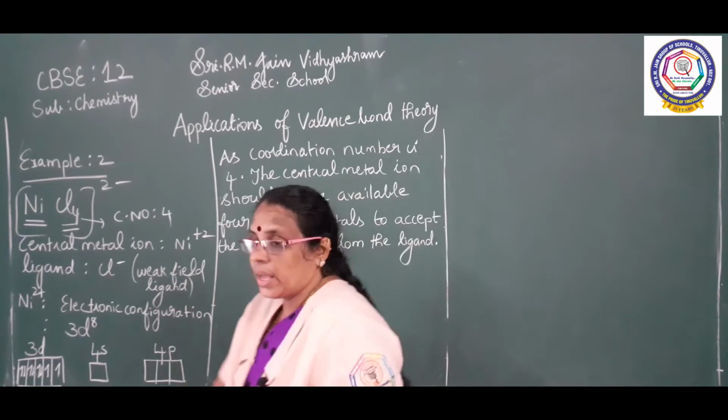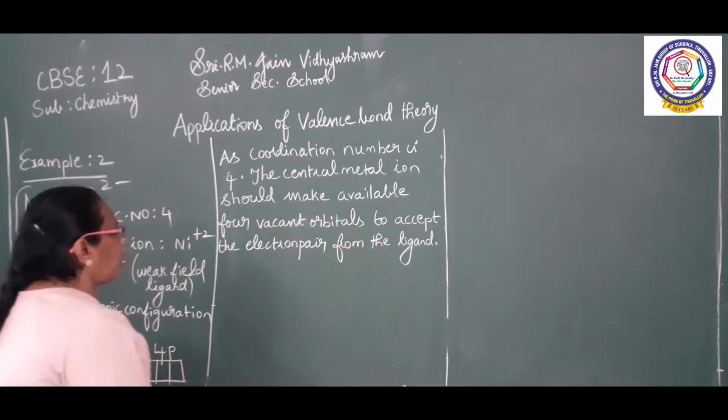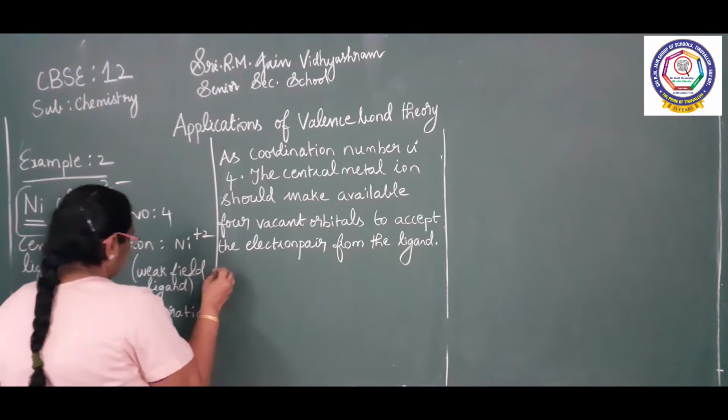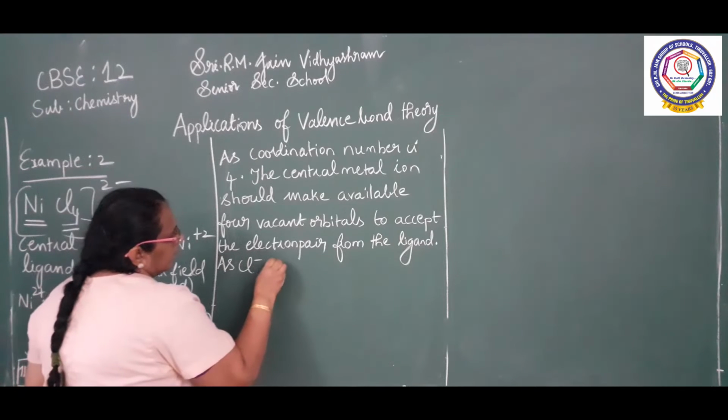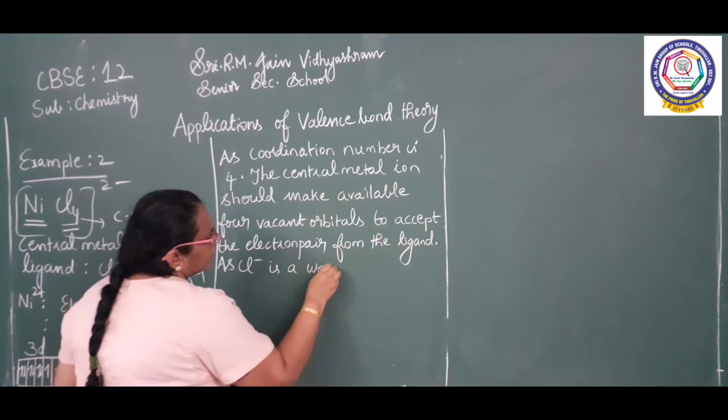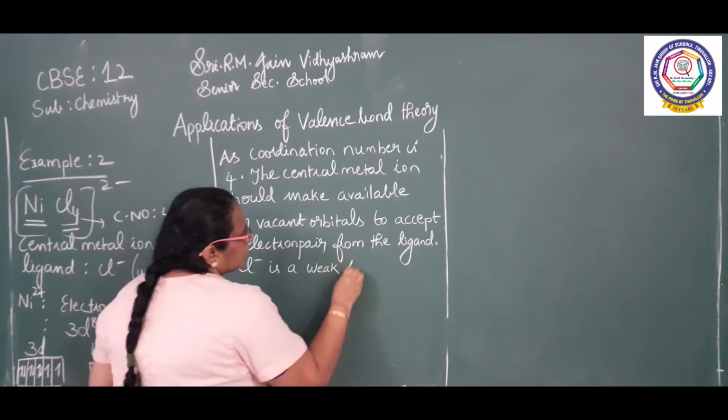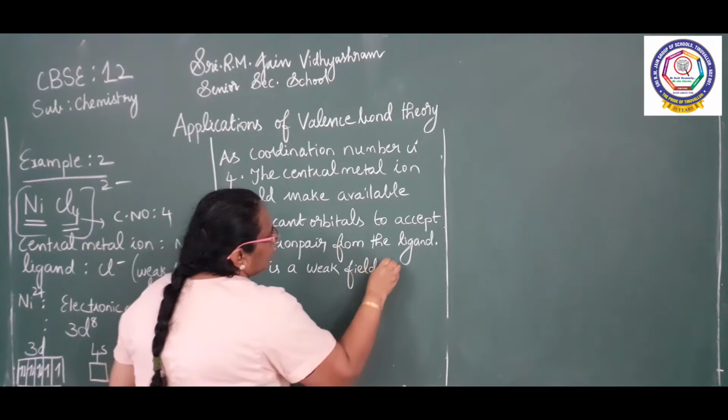Coordination number is 4. Here we are going to talk about chlorine. Cl minus is a weak field ligand.